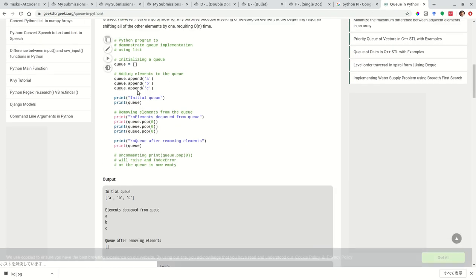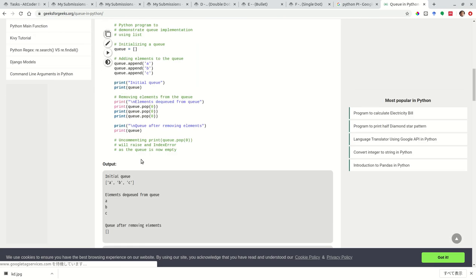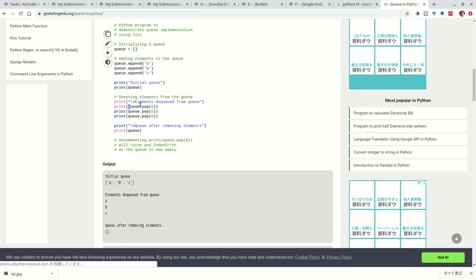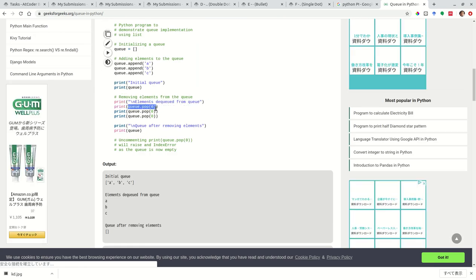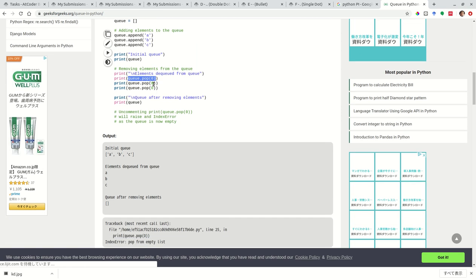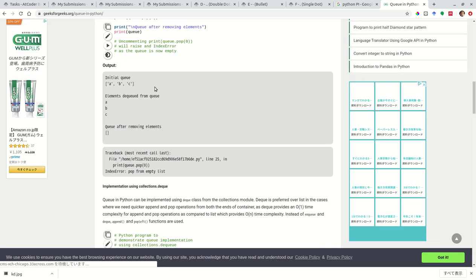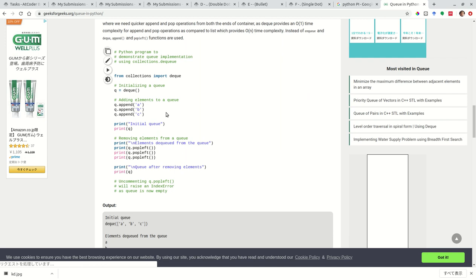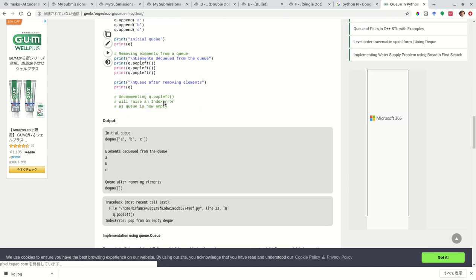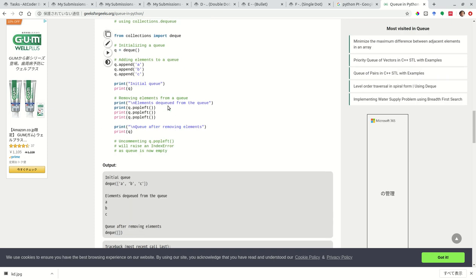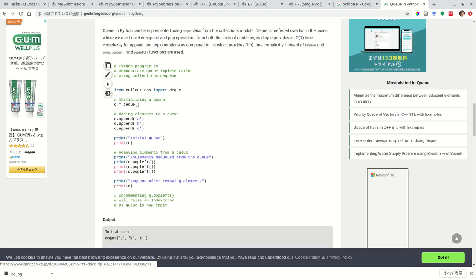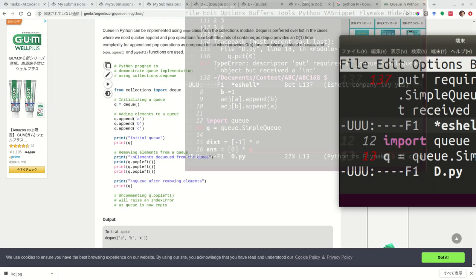Ah, yeah, there it is. But this is not a queue. Pop 0 will take linear time with the simple list. So yeah, this is what we need. No, this is the queue. Look. Okay. This will satisfy what we need.